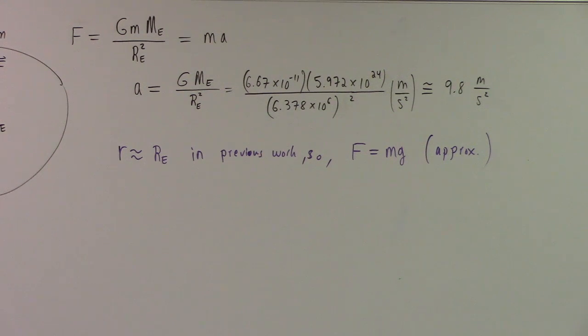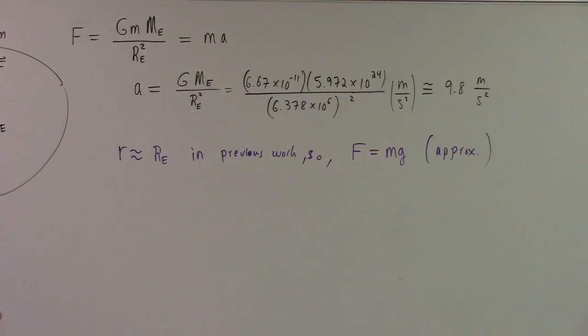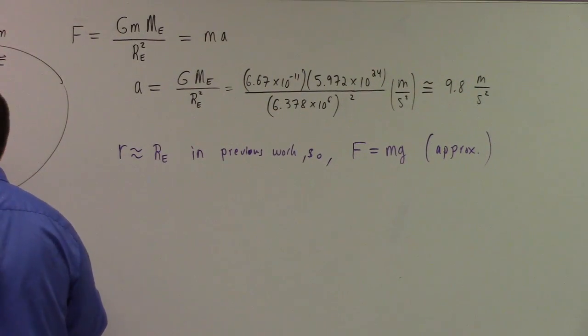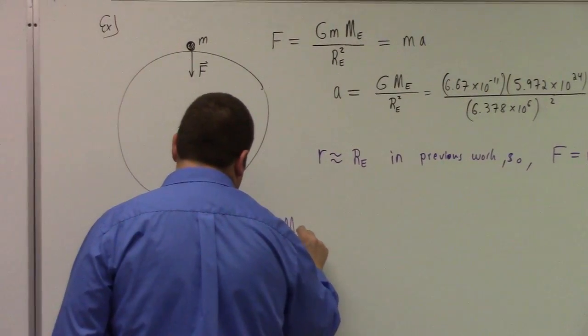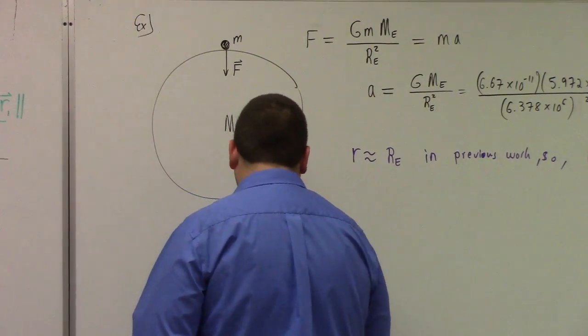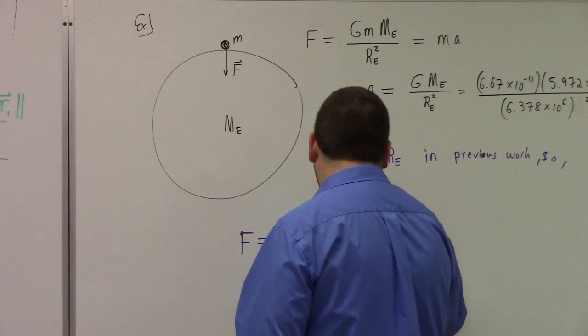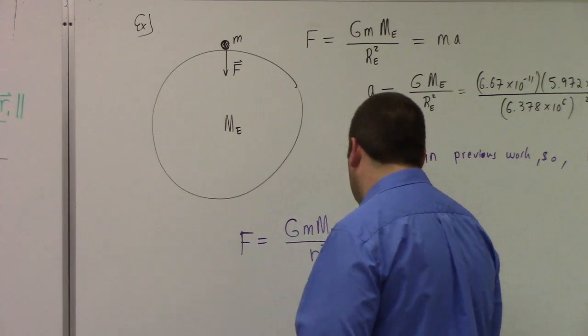Well, what else is an approximation? How about potential energy? mgh, that's also an approximation, right? If you look at F equal to G M_E divided by r squared, this is going to be equal to minus dU/dr, because it's essentially just one-dimensional.